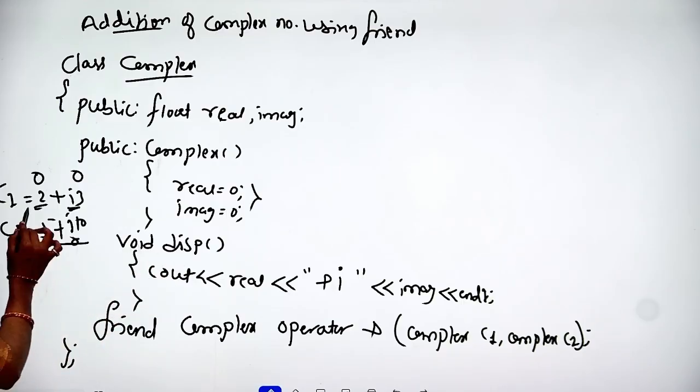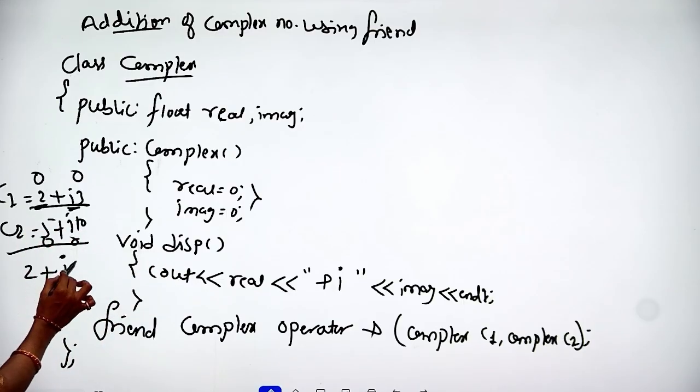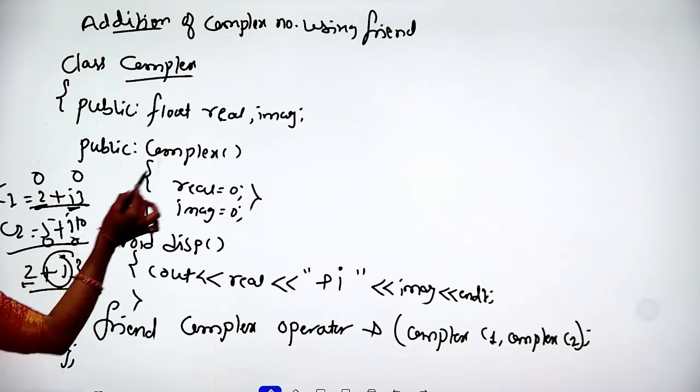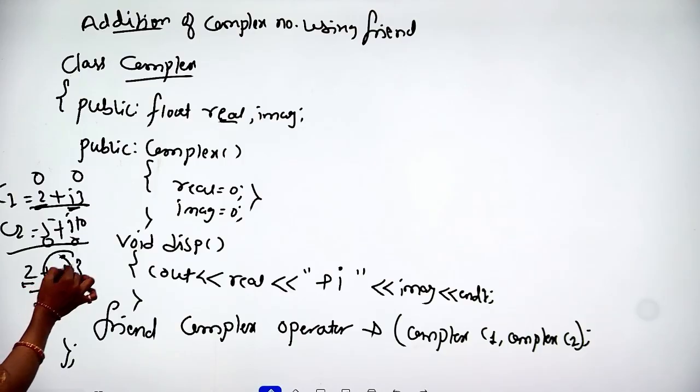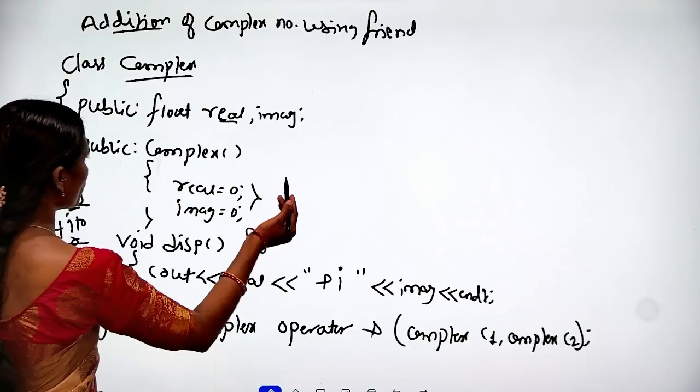And display: I want to display in this format, that is 2 plus I3. So I am giving plus I in the cout, along with the value read into the real part and the value read into the imaginary part. So we can pass the value here or we can read it. One more method we will take here is the method for reading.